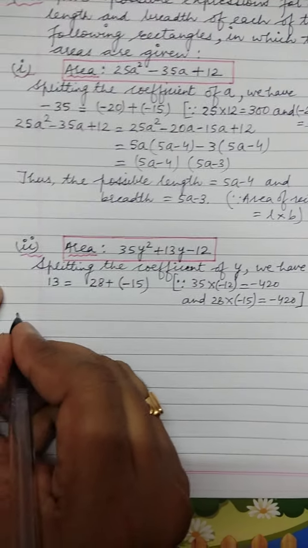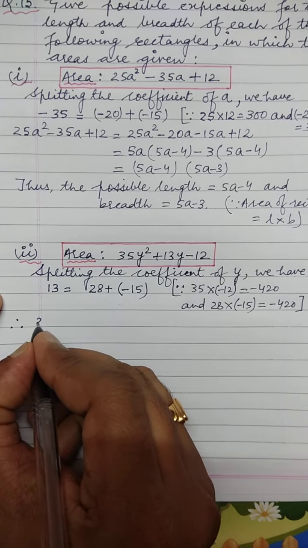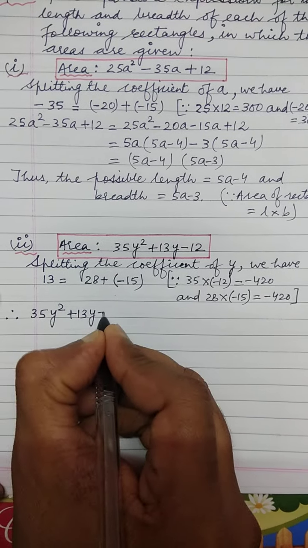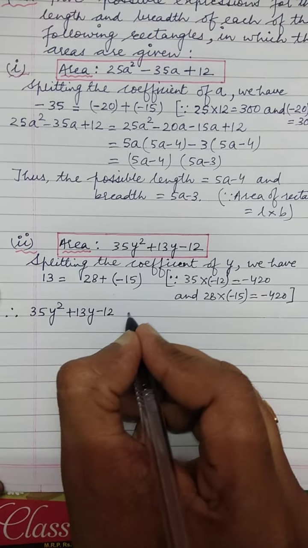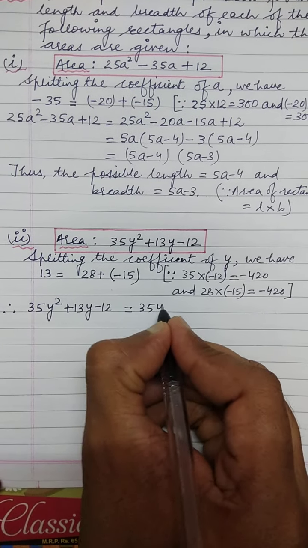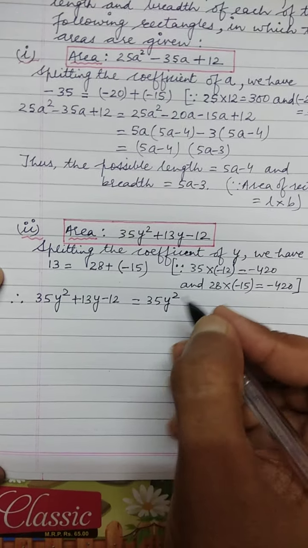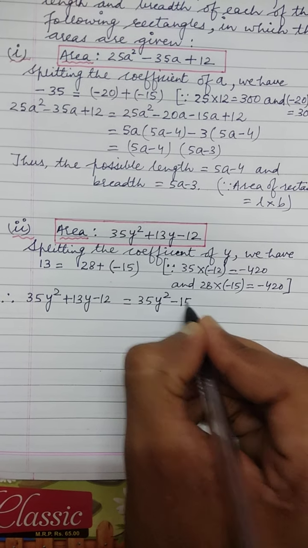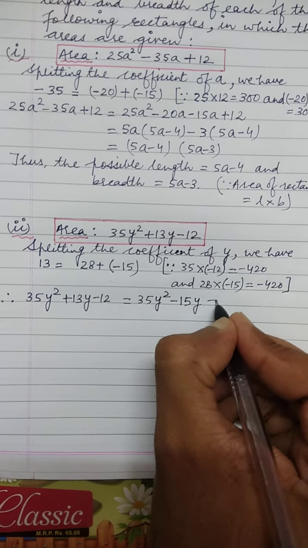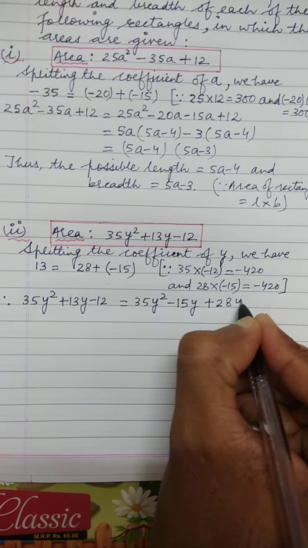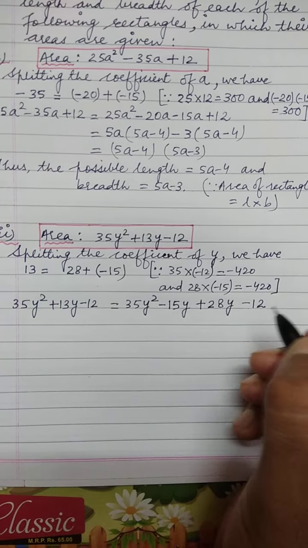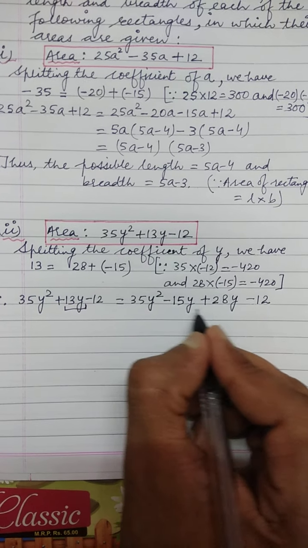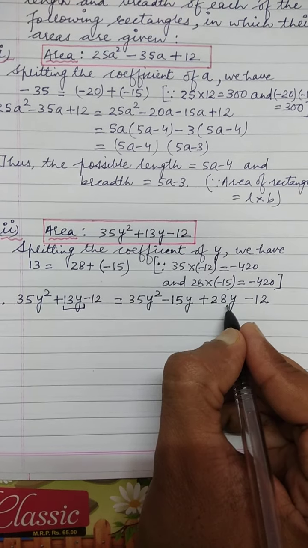So therefore this quadratic polynomial, 35y square plus 13y minus 12, can be written as 35y square minus 15y plus 28y and lastly minus 12. So the middle term plus 13y is split into two parts, that is minus 15y and plus 28y.